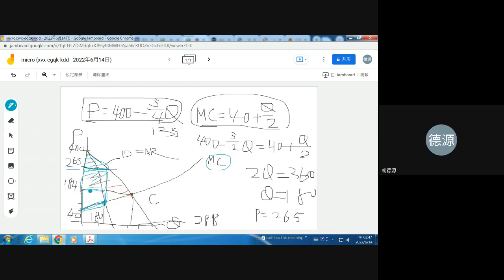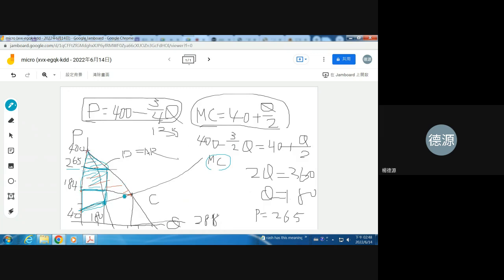good. So this is the area. And what is a deadweight loss? A deadweight loss is not for the producer or the consumer.